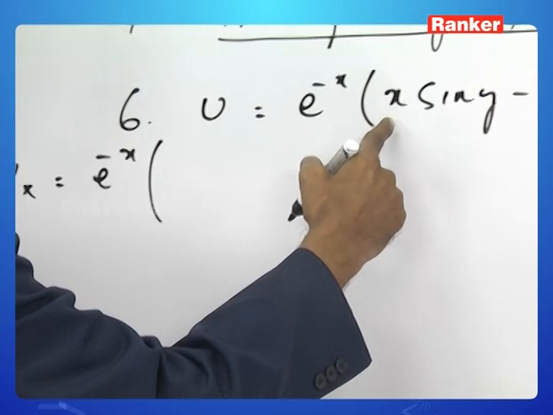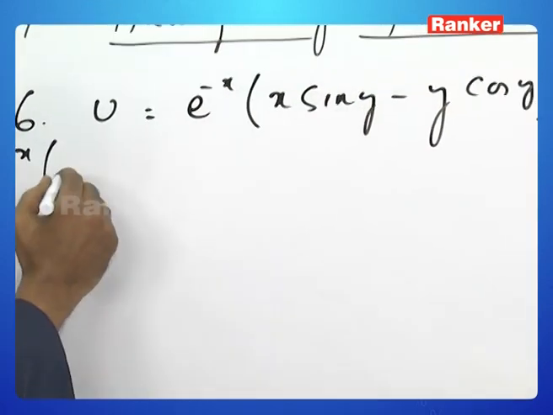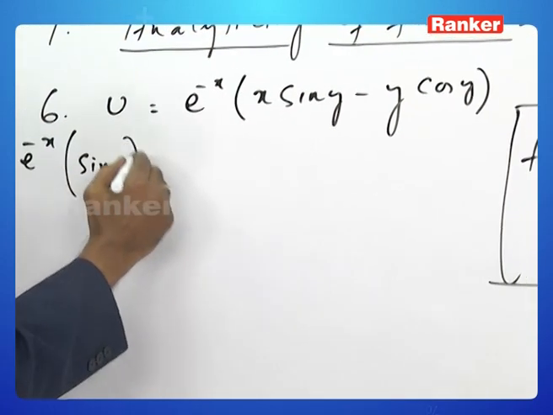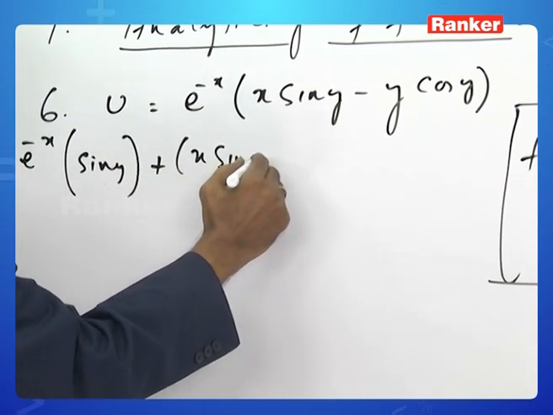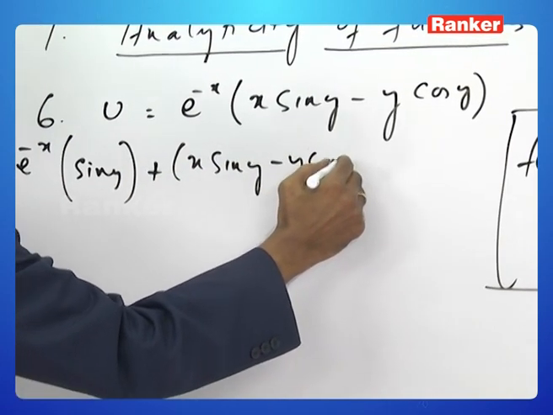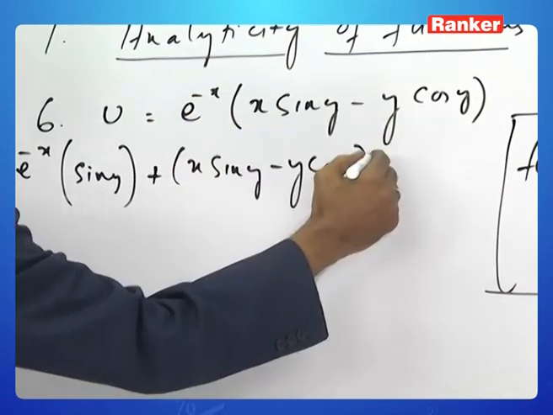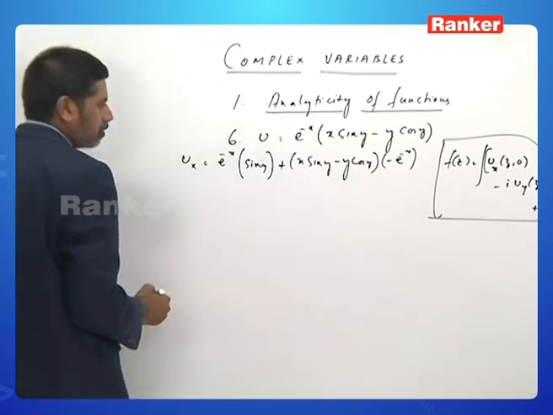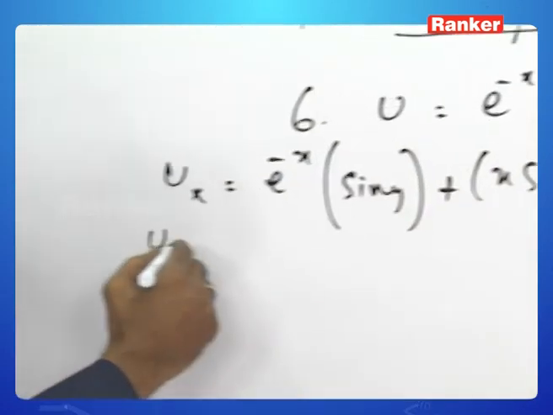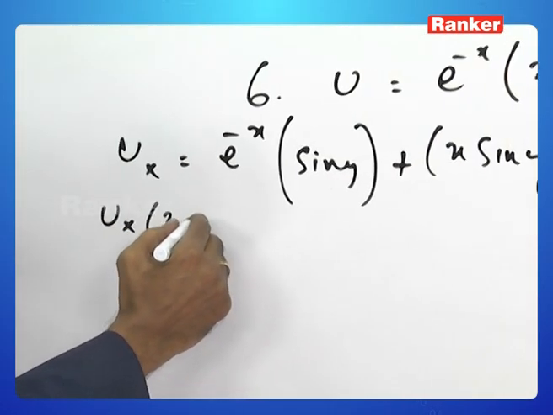With this as fixed, differentiate this with respect to x and you will get sin y plus x sin y minus y cos y into derivative of e power minus x, which is minus e power minus x. Without wasting time on simplification, let us evaluate this at z comma 0.